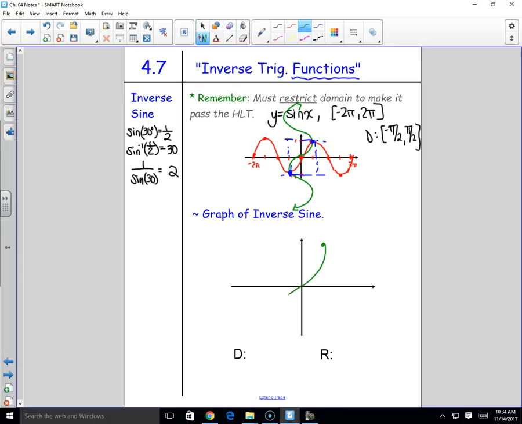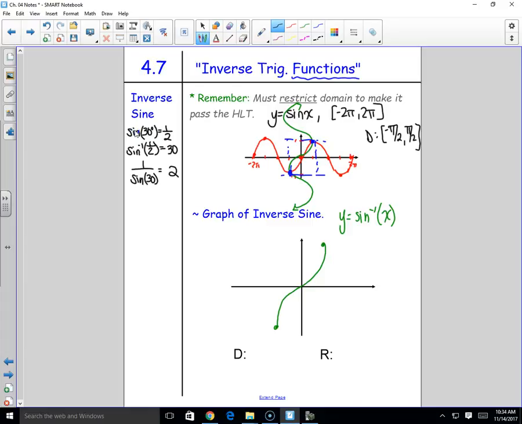So inverse sine as a function, y equals sine inverse of x, even though we can use it to find all the other ones using our unit circle knowledge, if we use the function itself, technically only one answer comes out on your calculator because it's been restricted, cut down.